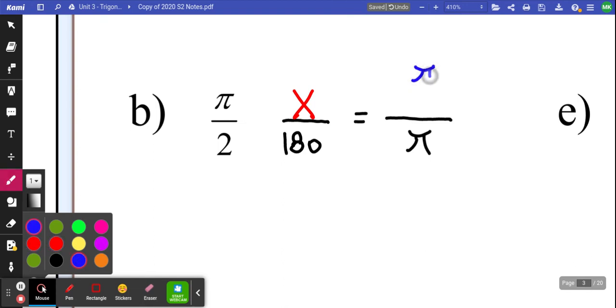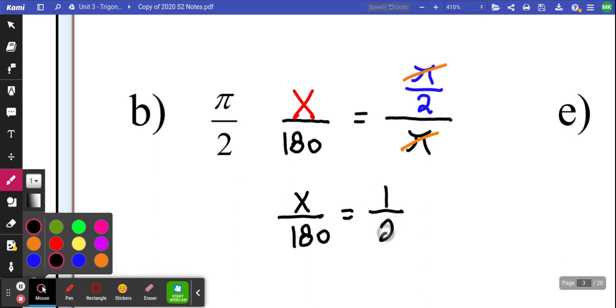It's pi over 2. A fraction divided by pi looks scary. It's not. Those pi's will cancel out, meaning I have x over 180 equals 1 over 2. Right? Pi divided by pi is 1. That's why it's 1 over 2.